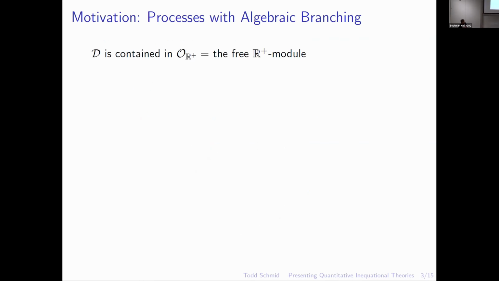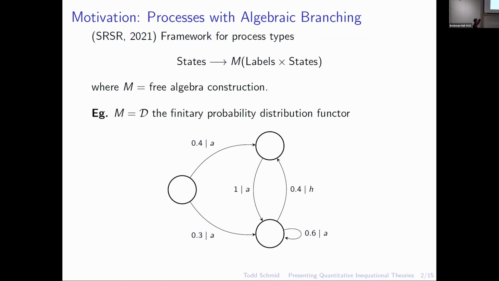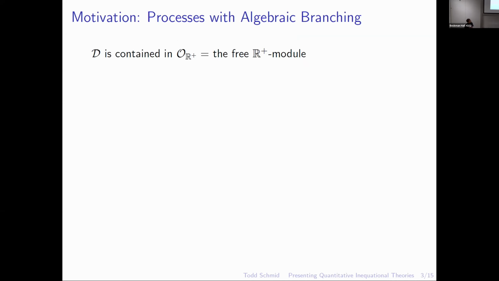What's interesting about this particular example, where I've got finite probability distributions, is that it's contained in a larger functor, the thing that constructs the free module on the non-negative real numbers. And I'm thinking of the non-negative real numbers here as a semi-ring.